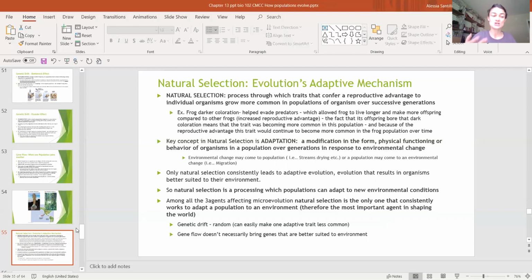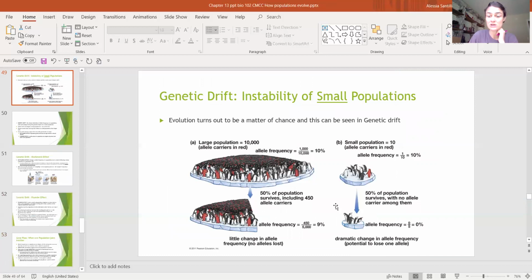Does that make sense? So I may bring good things from Italy, whatever good genes I have, but I may also bring bad genes. So gene flow is not necessarily good. Same thing for genetic drift. It can be good. Back with the red penguin example, when we had that earthquake, the red penguin died.